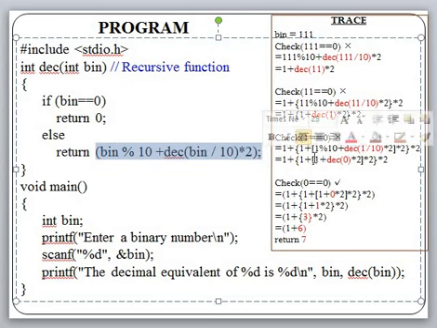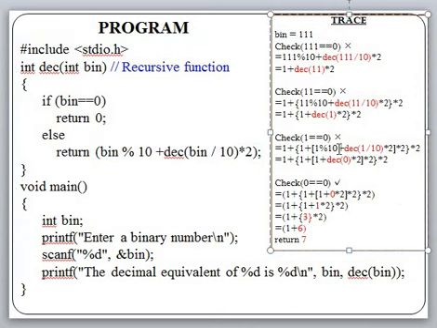You can observe here it is 1 percentage 10, then DEC 1 by 10. So 1 percentage 10 is 1 divided by 10, the remainder is 1. And 1 by 10 division, integer by integer, gives 0. So then further 2 into 2 into 2.